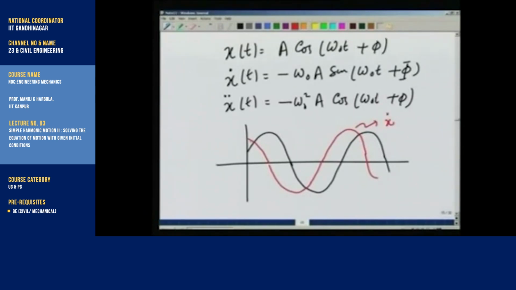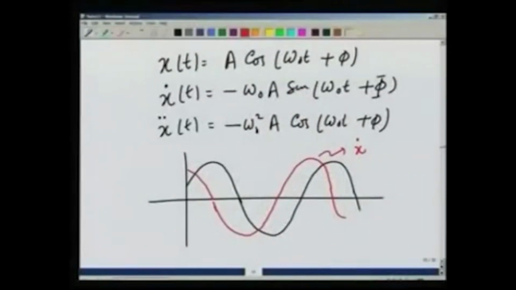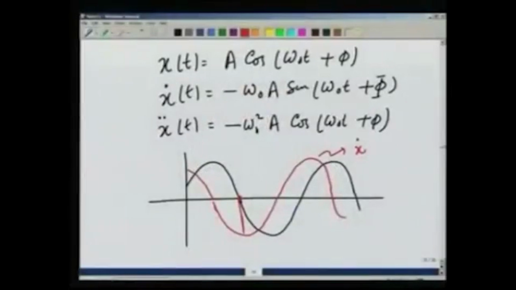You can see here the slope is positive, that means the velocity is positive. At the maximum displacement, the velocity becomes 0, as the spring mass system, the mass goes to its maximum displacement, it stops momentarily, then it starts coming back with negative velocity. Again, when it passes through the equilibrium point, when the displacement is 0, its velocity is maximum, it is going back with maximum speed, and then its speed starts slowing down, reaches 0 again when it reaches the other extreme, and so on.